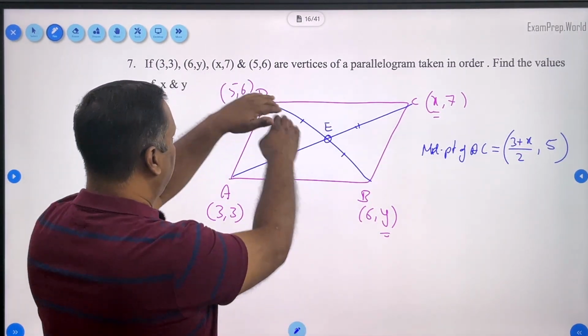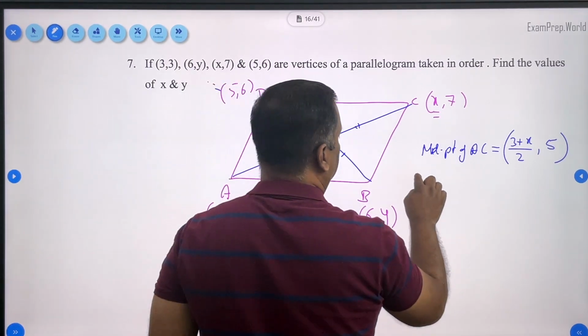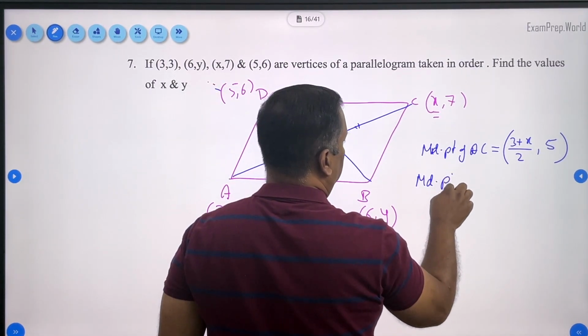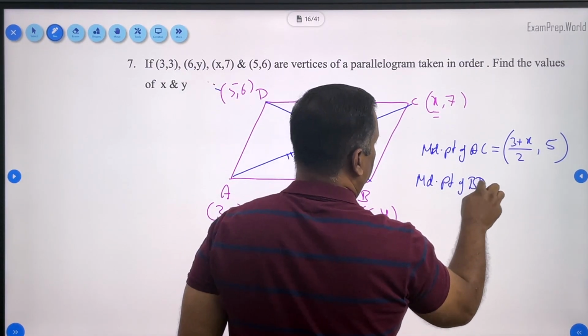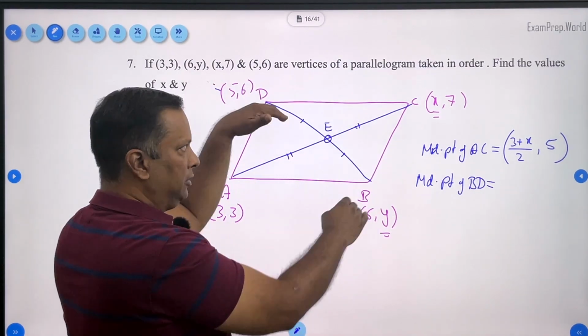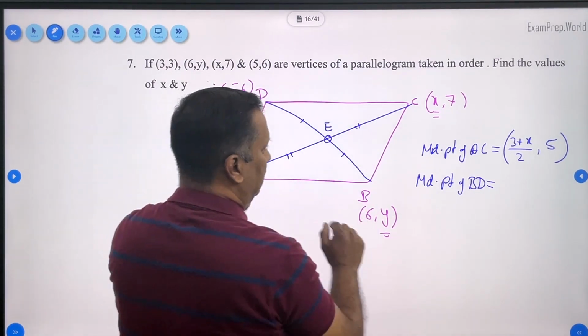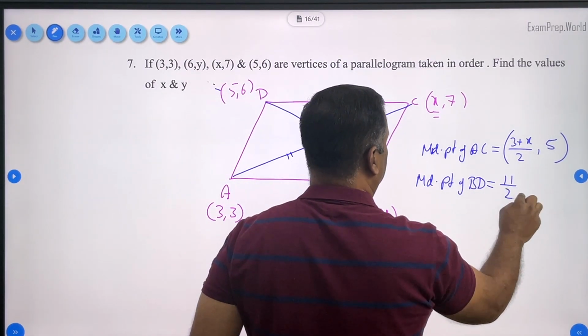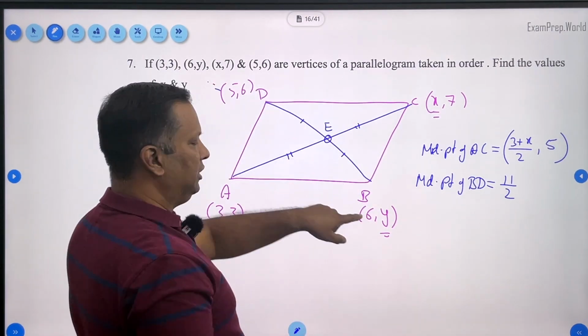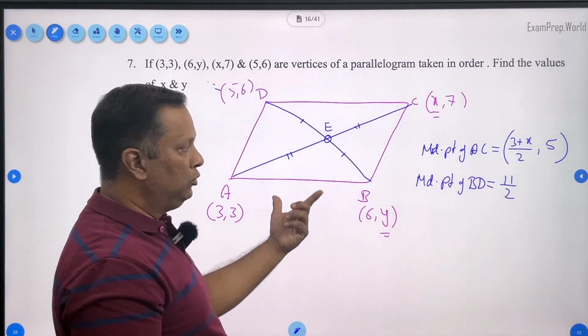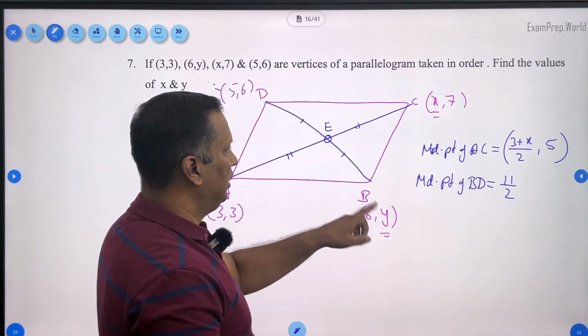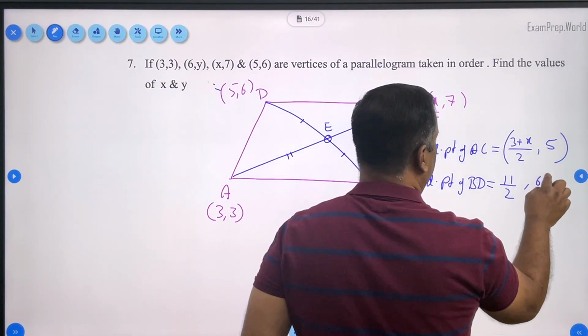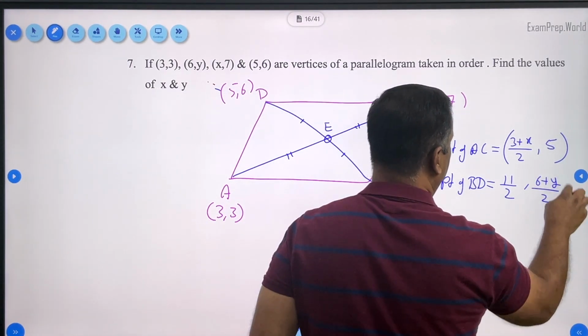Now the midpoint of BD. 5 plus 6, which is 11 by 2, and 6 plus y by 2.